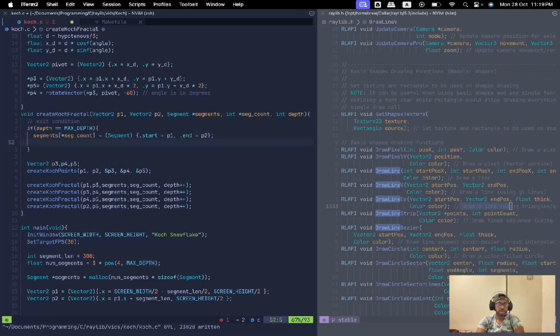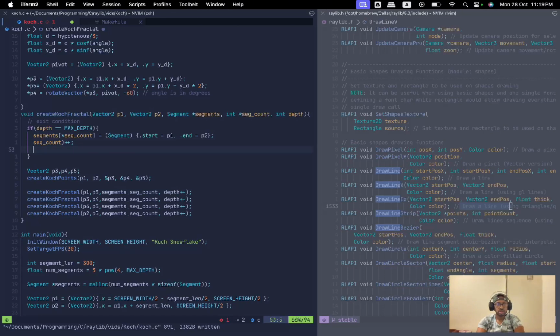After that, I need to increment the value pointed by the pointer seg count.